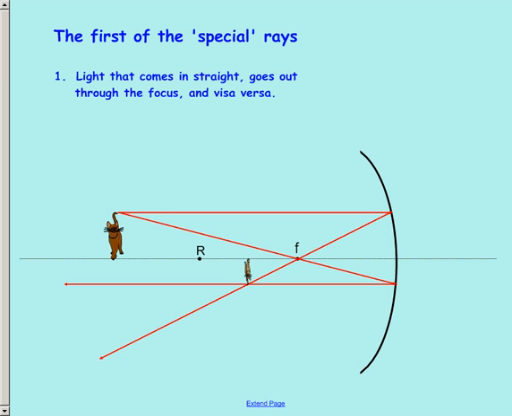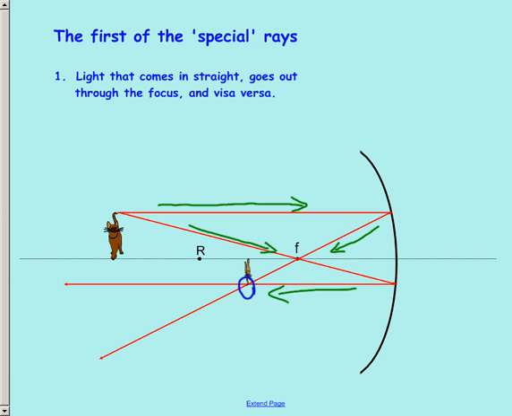Light that comes out from the cat and goes straight into the concave mirror goes out through the focus, always. And vice versa. So if I send a ray in through the focus, it will come out straight. Notice something. They're going to hit somewhere. Where they hit is the image of that point on the cat, the tip of the tail. Okay? So one rule gives us 2 of the rays.